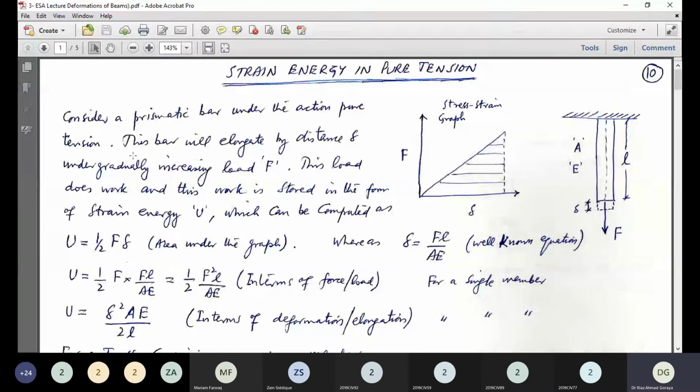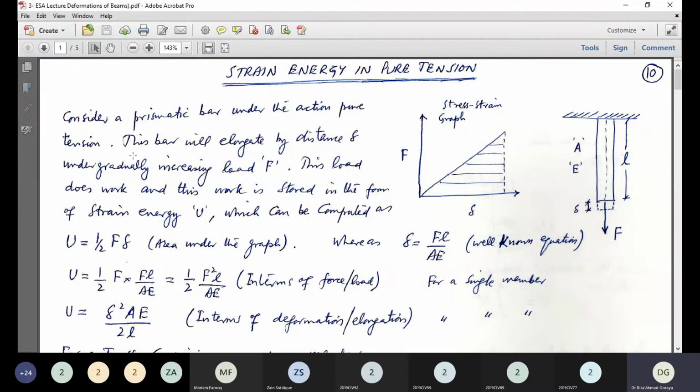And this work is stored in the bar in the form of strain energy. Let us represent the strain energy with the symbol U.